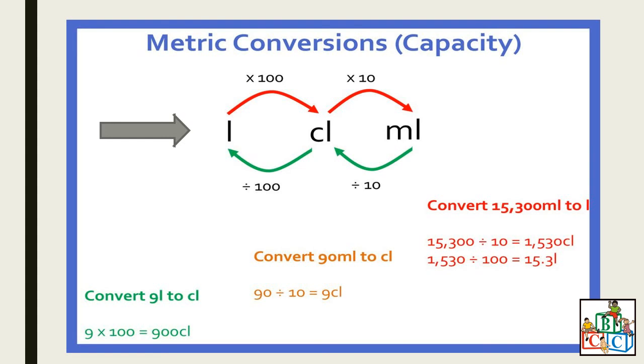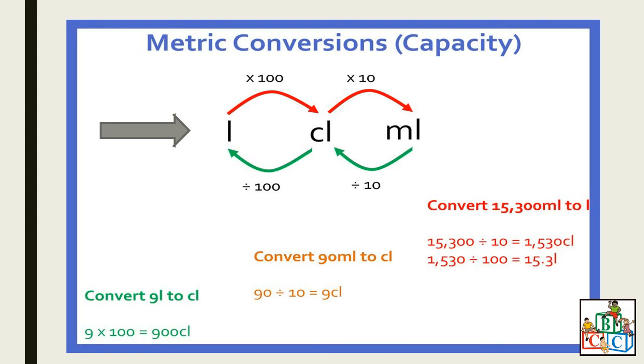Now we are going to take centiliter to milliliter. Again, take a look at the arrow. From centiliter to milliliter, times 10. 1 centiliter is equal to 10 milliliters. Now the same, let us take centiliter to liter.